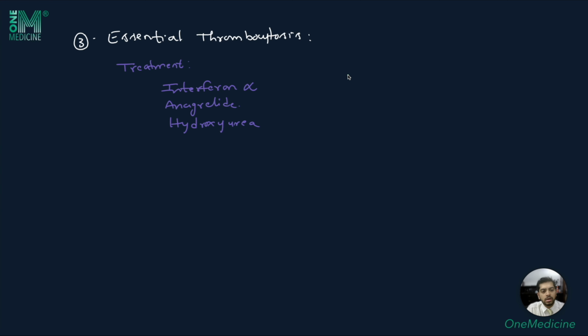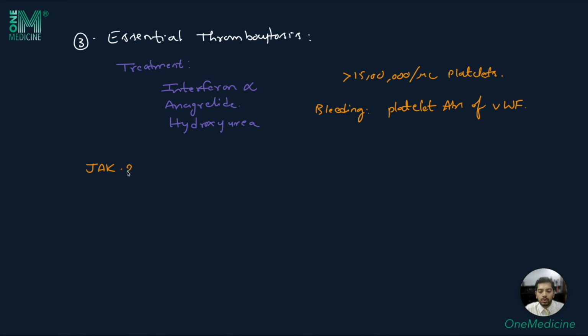The symptoms do not occur until the platelet count reaches more than 15 lakhs per microliter. Bleeding can happen due to platelet absorption of von Willebrand factor. As with idiopathic myelofibrosis, these patients can have JAK2 mutations or CALR or calreticulin mutations. They can also have MPL mutations. JAK2 and calreticulin mutations account for up to 80% of the patients, whereas MPL mutation is seen in around 10% of the patients with essential thrombocytosis.